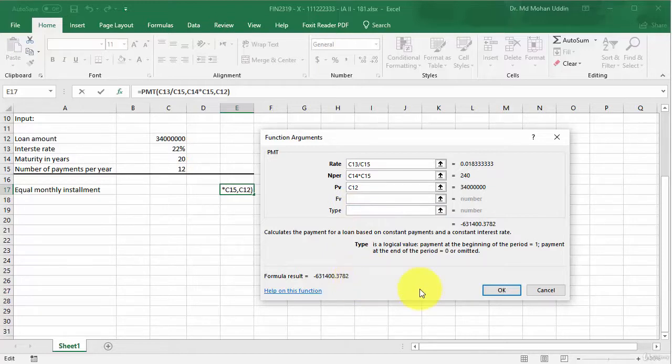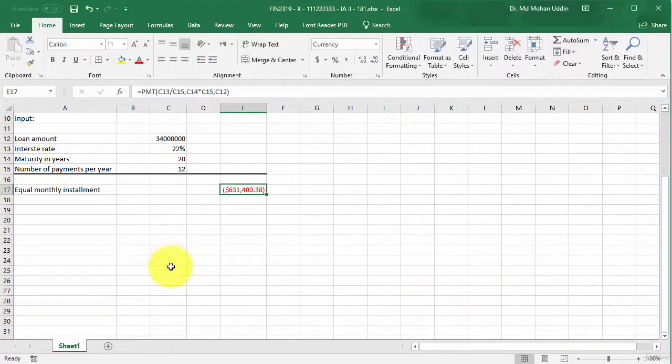Then type is very important, because if you pay the loan at the end of the period, then you can keep it blank or you can type in 0. But if you are paying the installment at the beginning of the month or beginning of whatever period, then you will have to type in 1 here. So we are keeping it blank because our installment payments will be at the end of every month. Now we can click OK to get our PMT.